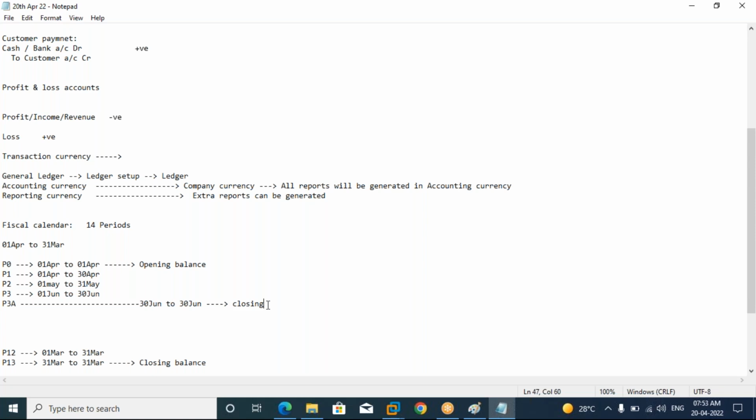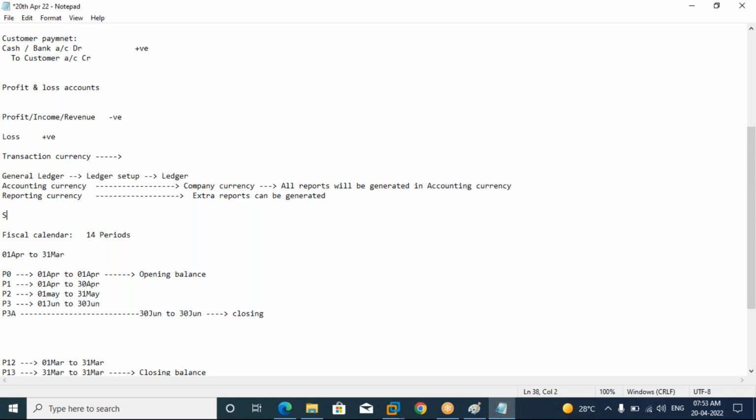Are you able to follow? By default, it is 14 periods. In SAP, it is 16 periods and it is fixed: 12 months plus 4 periods.